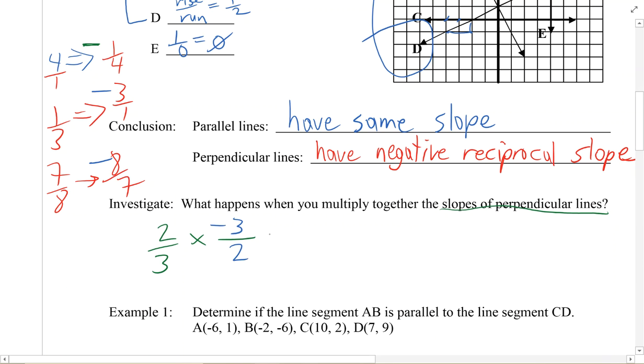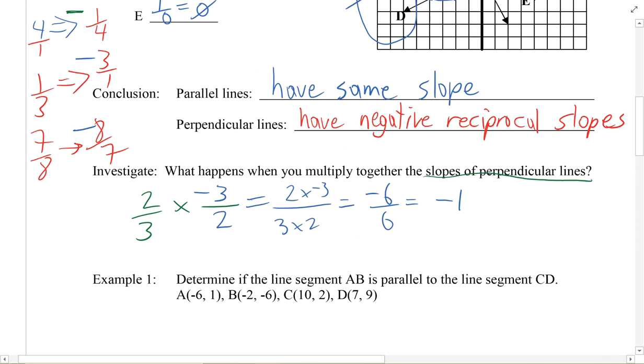There you go. So let's multiply it together. It's 2 times -3 up top over 3 times 2 on the bottom, -6 over 6. What does that equal? -1. Okay. So if you multiply them, you will always get a -1. Kind of an interesting useless fact.